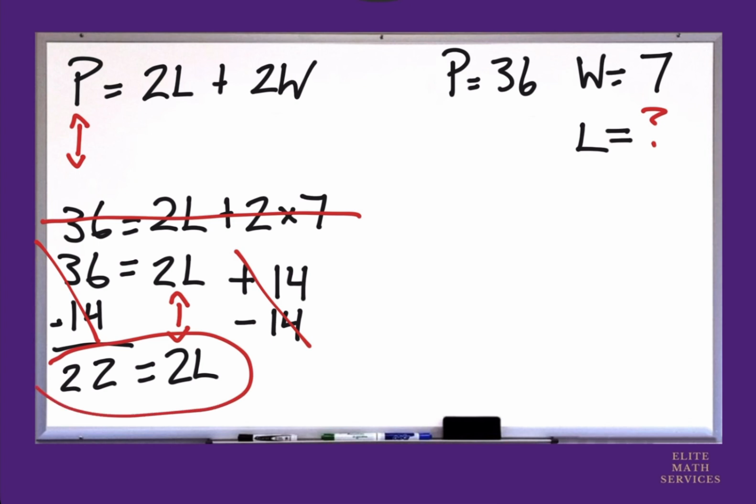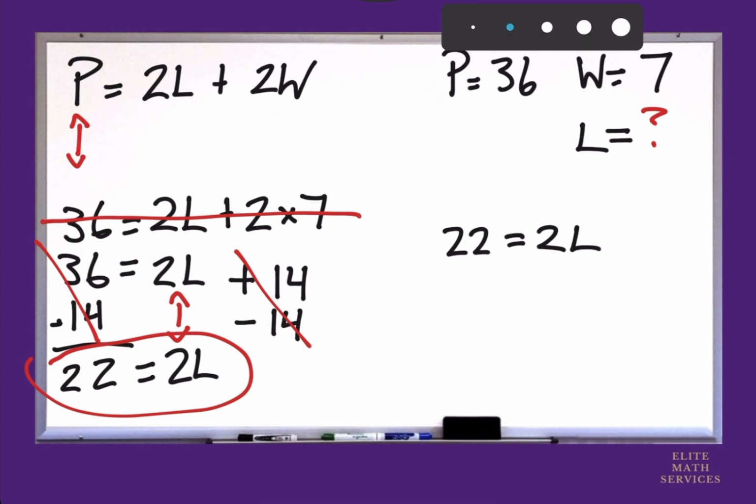Now there's one last step because we must isolate the variable. We must get it by itself. So remember, when a letter and a number is together, you are indicated to multiply. So in order to solve this, we must do the opposite. So the opposite of multiplication is going to be division.